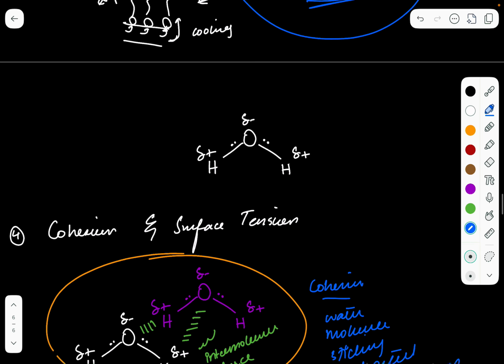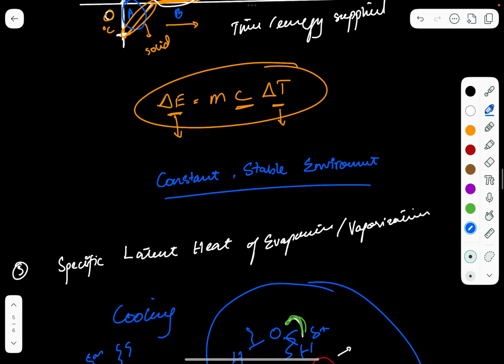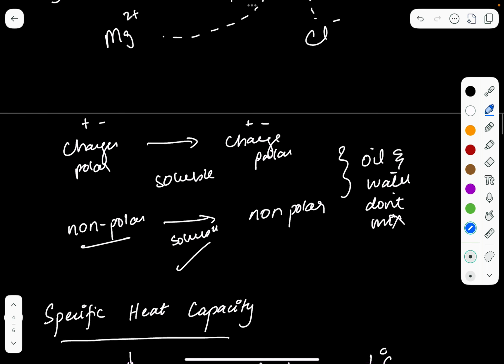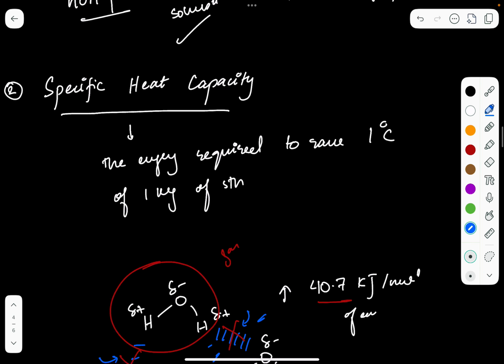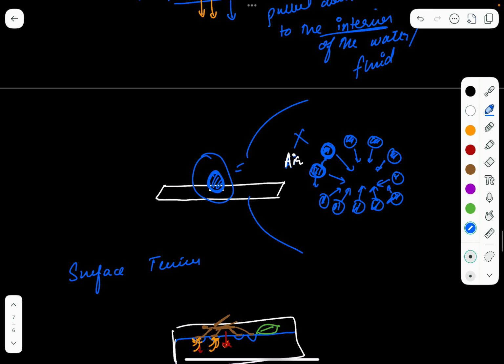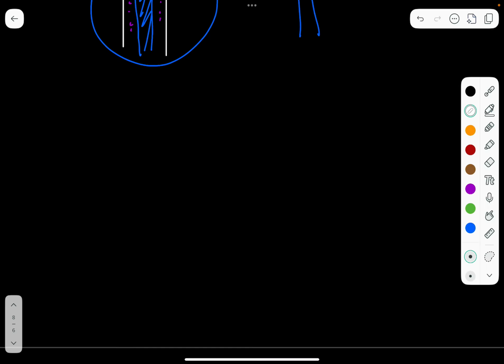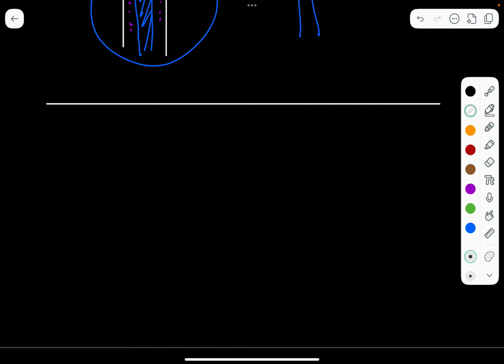The cohesion, the surface tension, the adhesion, the latent heat of vaporization, the specific heat capacity, being a solvent and a transport medium. And we started this conversation because I wanted to discuss with you guys ATP, right?